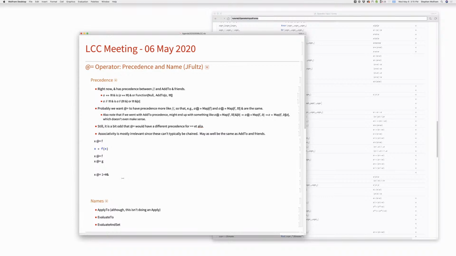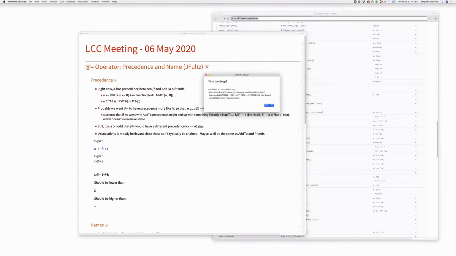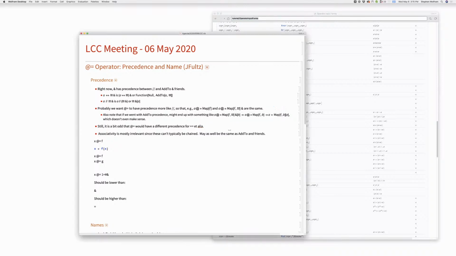Okay, so let's talk about it. Should be higher than, should be lower than. It should be lower than ampersand for sure. It should be higher than the equals sign, right? Because you've got to be able to say x equals whatever.